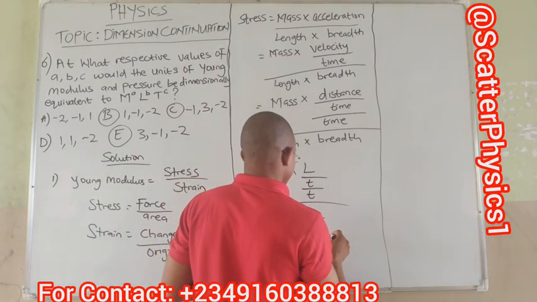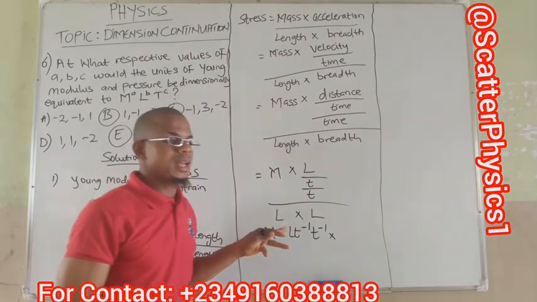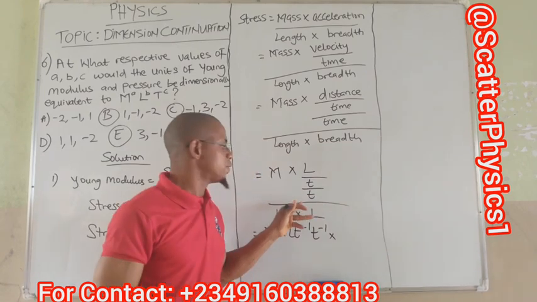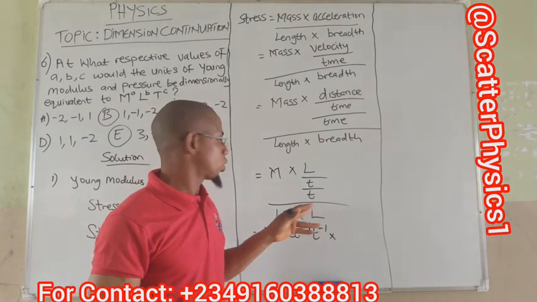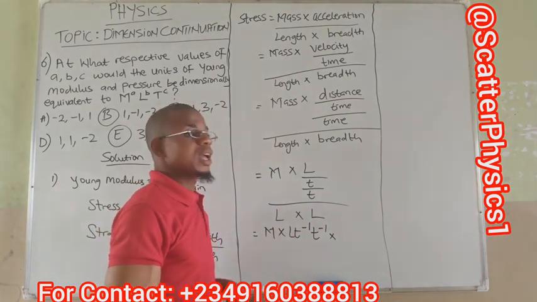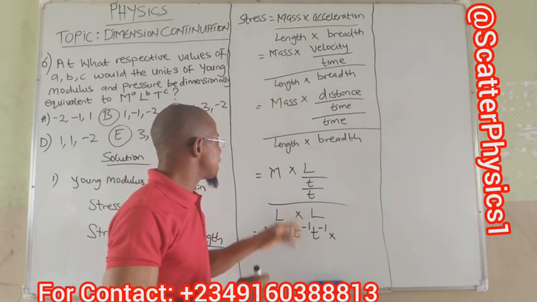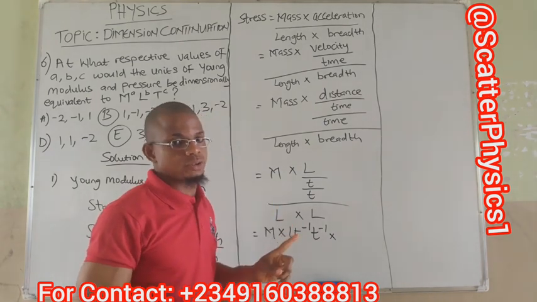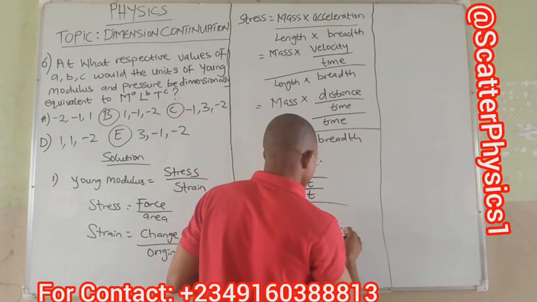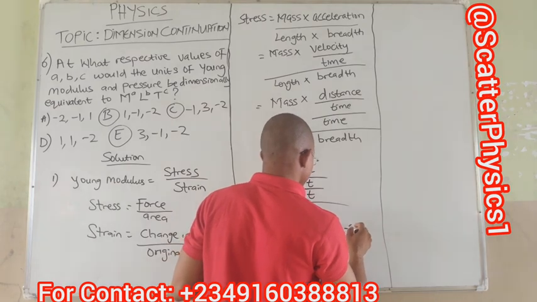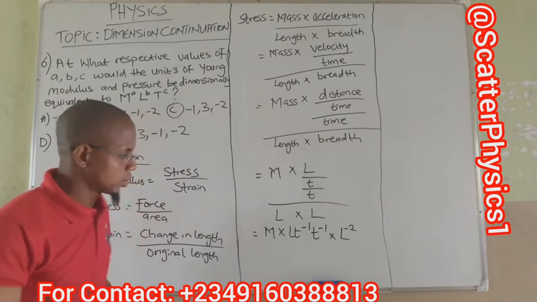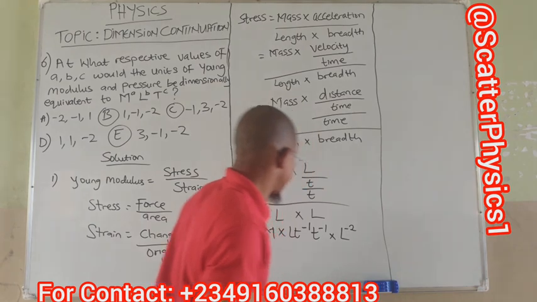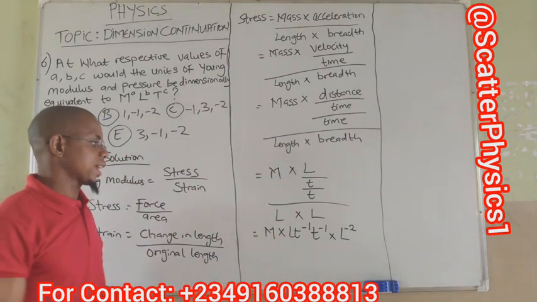Then L times L is going to give us L raised to power 2. Removing the division sign, it's going to give us L raised to power minus 2. Since we have gotten this, we collect like terms.